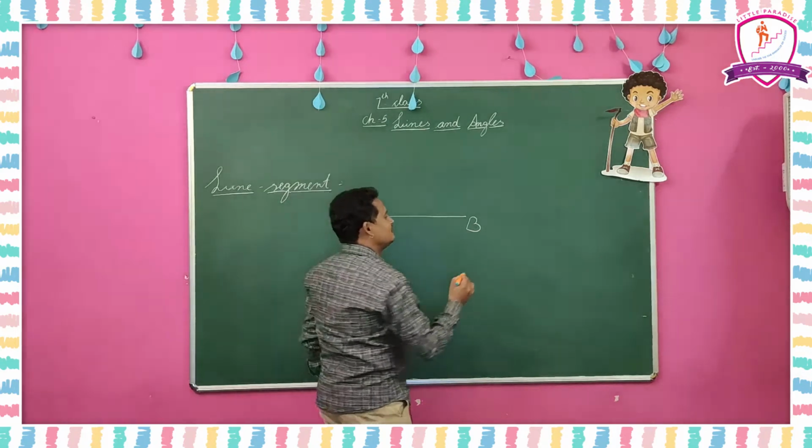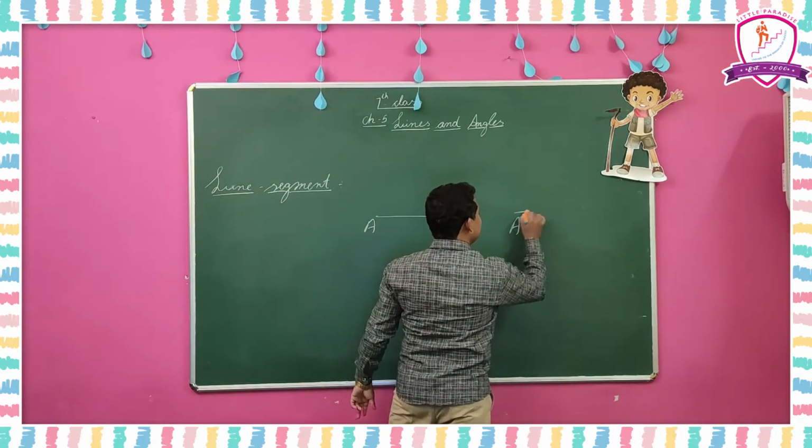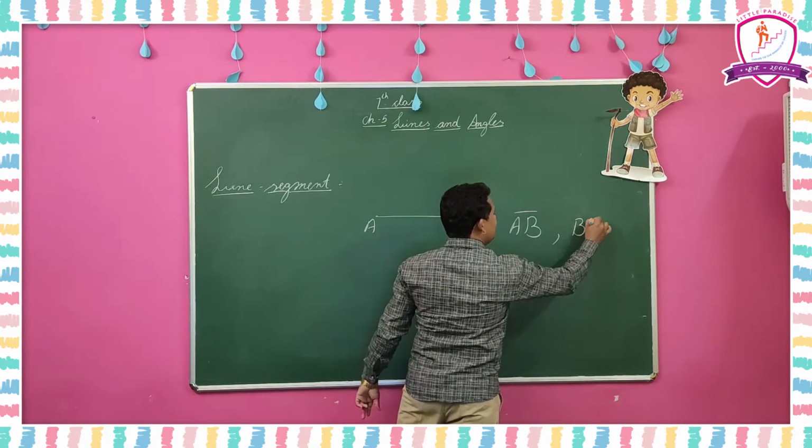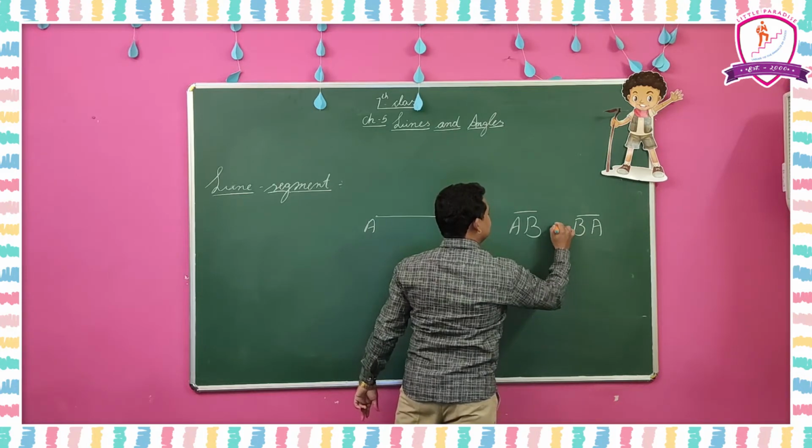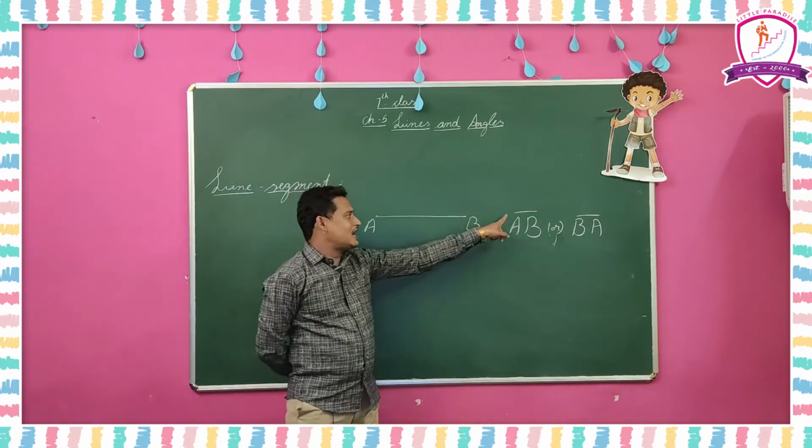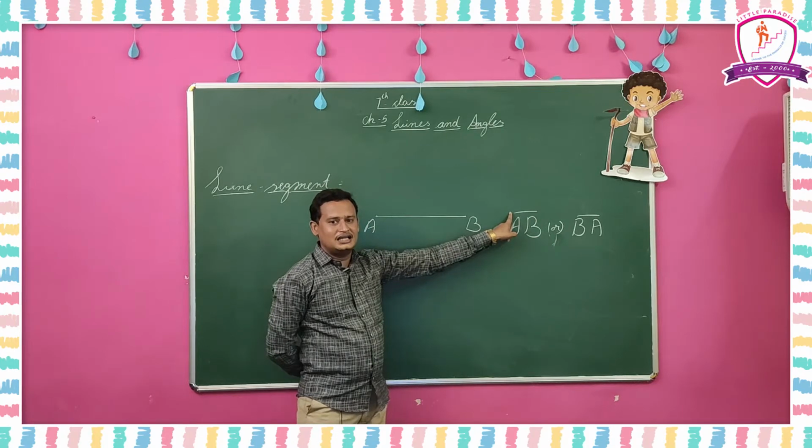We read it as line segment AB or line segment BA, and we indicate it like this.